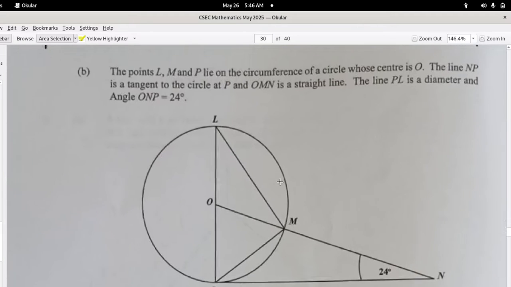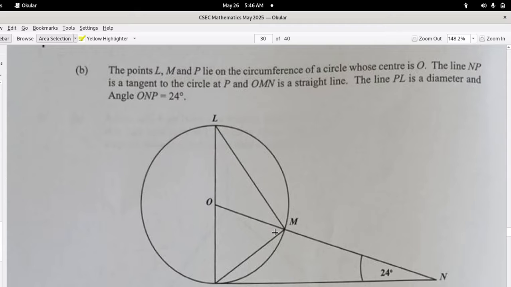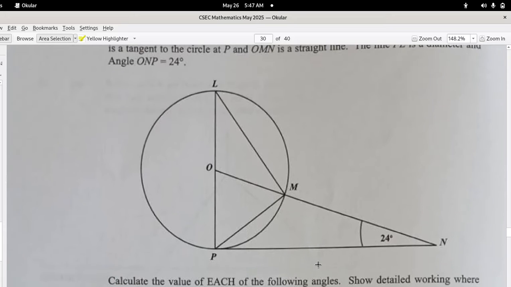It says the points L, M, and P lie on the circumference of a circle whose center is O. The line NP is tangent to the circle at P and the line OMN is a straight line. The line PL is a diameter and angle ONP equals 24 degrees. Okay, you can see all of that here.